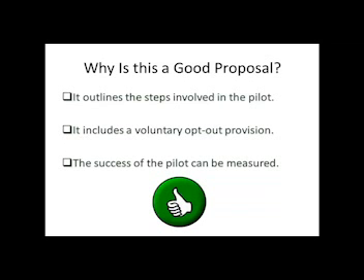Now, why is this a good proposal, we might ask? Well, it outlines the steps involved in the pilot. It includes a voluntary opt-out provision. That's something we want. And a note about opting out: Robin's going to talk more about that, but it should come at a good point, typically right after one stage has concluded.